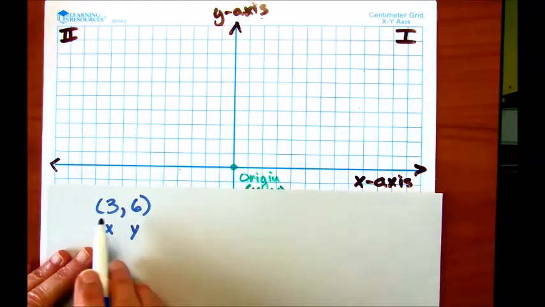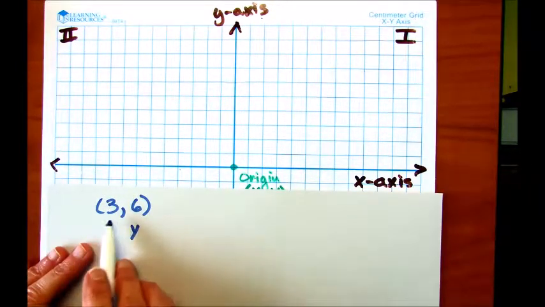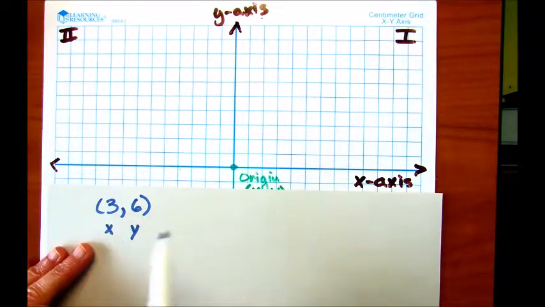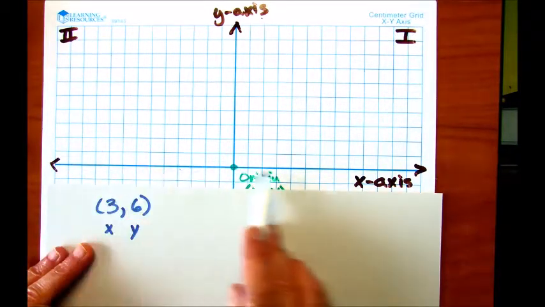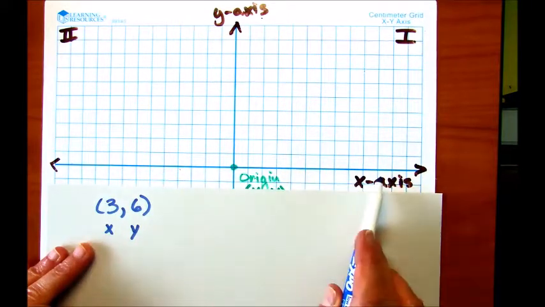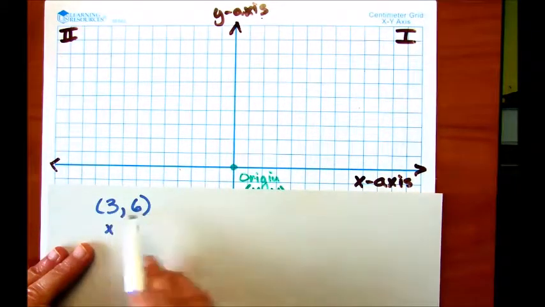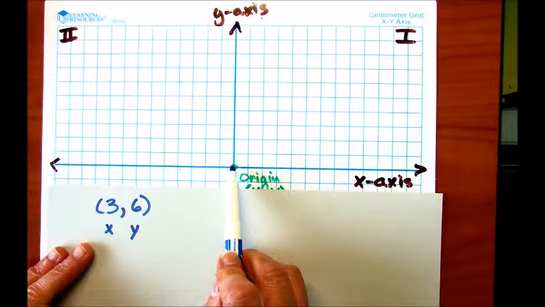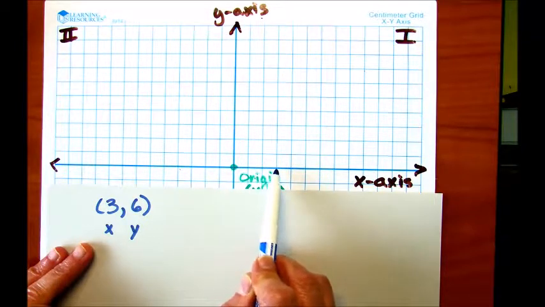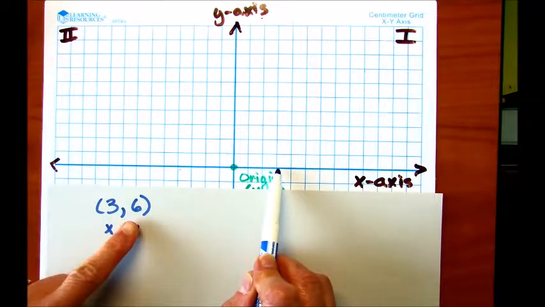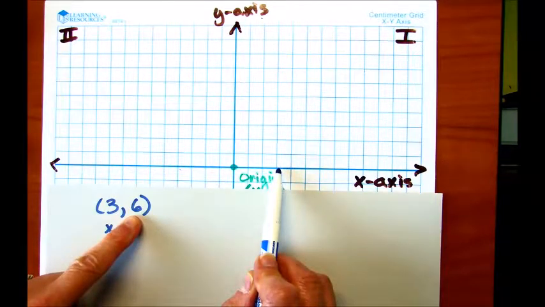Now when we're trying to plot a point, we want to start with the x. So that's the horizontal line, or the x-axis. And because this is a positive 3, I'm going to count out 3 to the right. So 1, 2, 3. And then I want to go up 6.